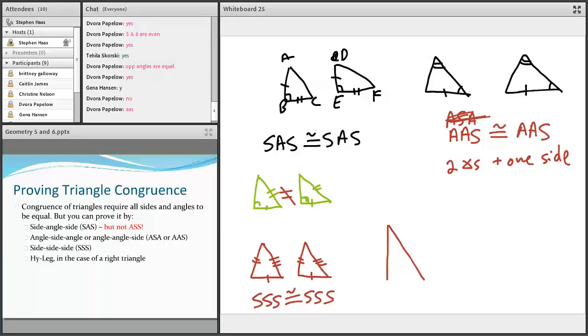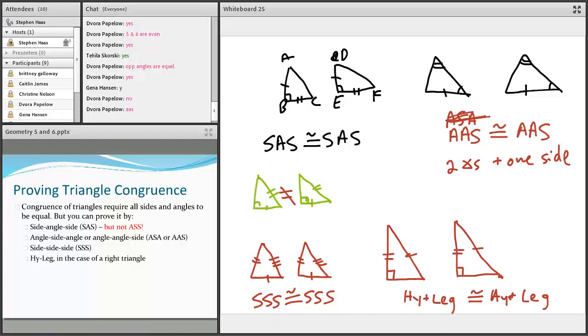If this is a right triangle, and this is a right triangle, so the right triangle works the hypotenuse plus a leg, either leg, is congruent to the hypotenuse plus either leg. So in other words, if this is equal to this, and this is equal to this, we have now proven that these two are equal.